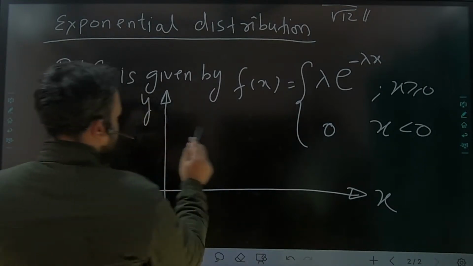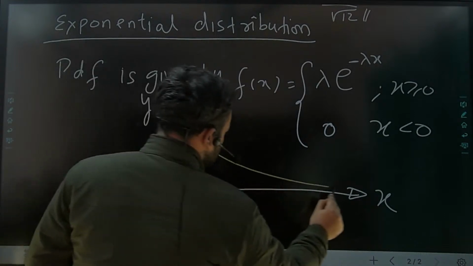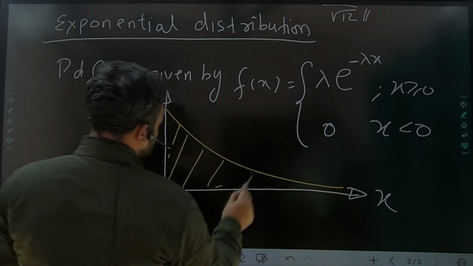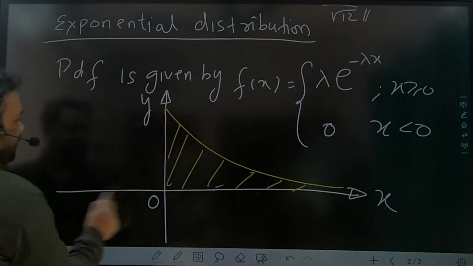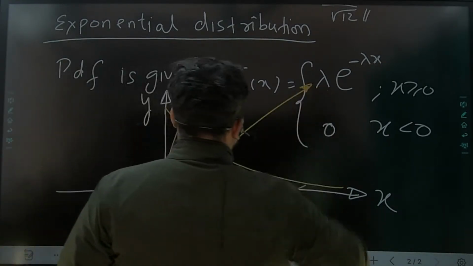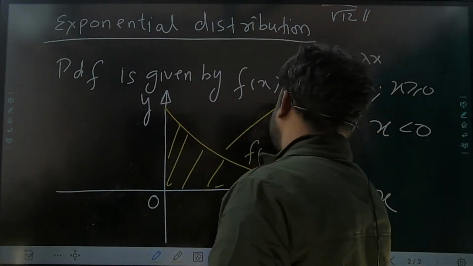For x greater than or equal to 0, we have this exponential function like this, it will keep on going. Here we don't have any curve because for x less than 0 there is no output. So this is what the exponential function is defined as, and this is your f of x.